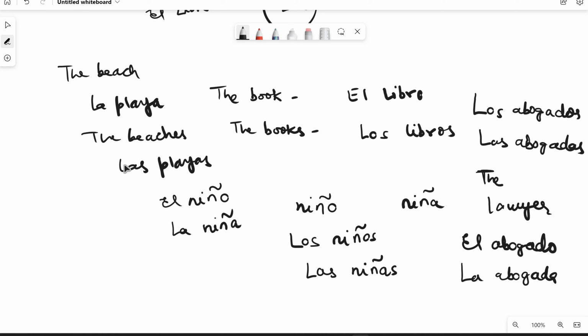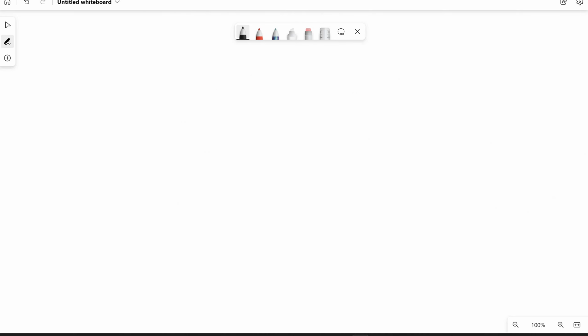So far we know this, the nouns that end in O are masculine and the nouns that end in A are feminine. But there are some exceptions as well. There are some nouns that end in O, but they're not masculine, they're feminine.